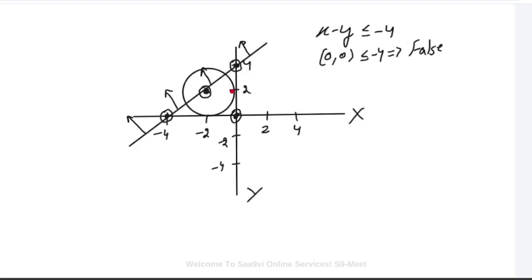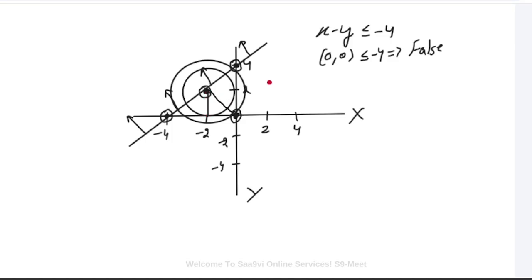This is the circle with radius 2. As they are concentric circles, the bigger circle has radius 2 root 2, and the smaller one has radius 2.